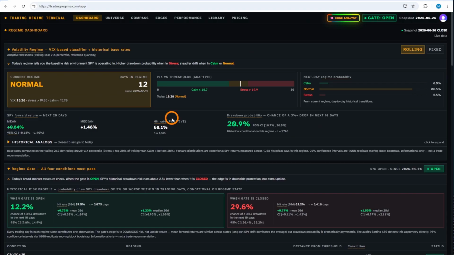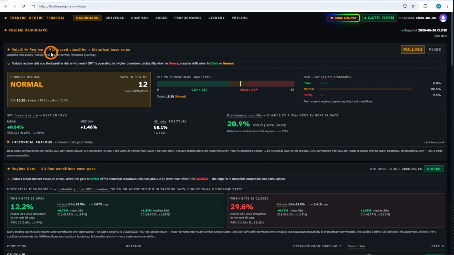But for your main index futures for equities, this is going to be your bread and butter. I'll be straight with you. If all you needed out of all of this site, it would be on this page, the first three things I just showed you. And we're going to dig into that and why.